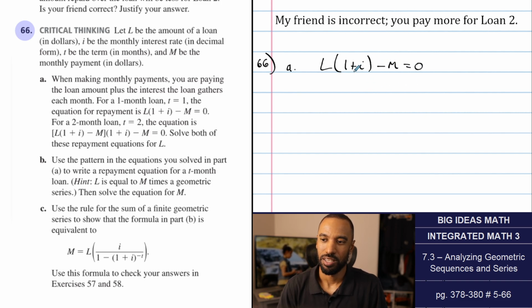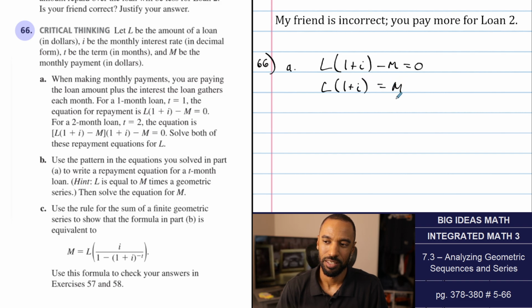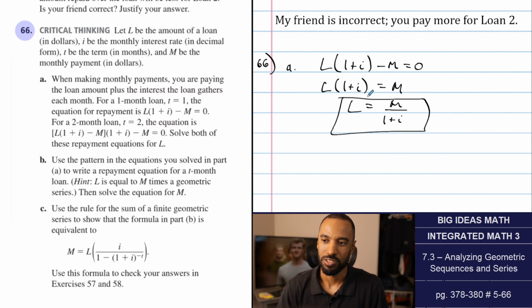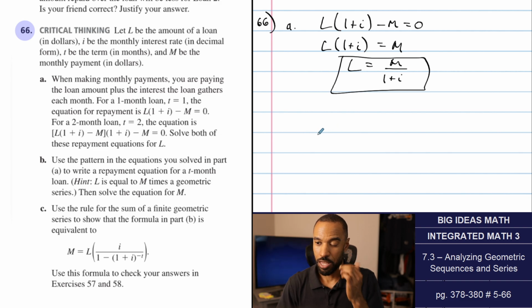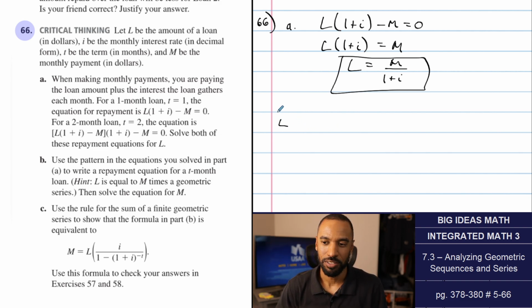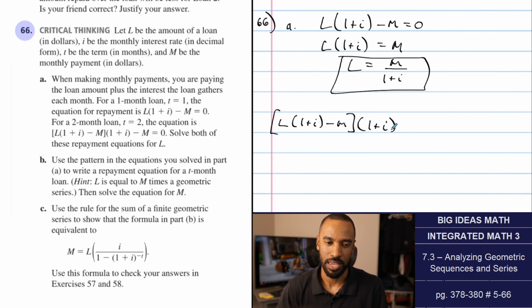All right, so for the first one, I'm going to add M to both sides. And here I divide both sides by 1 plus I, and I get L equals M over 1 plus I. All right. So there's that one. On the other one, we have the equation that says L times 1 plus I minus M times this 1 plus I, and then minus this M equals 0.